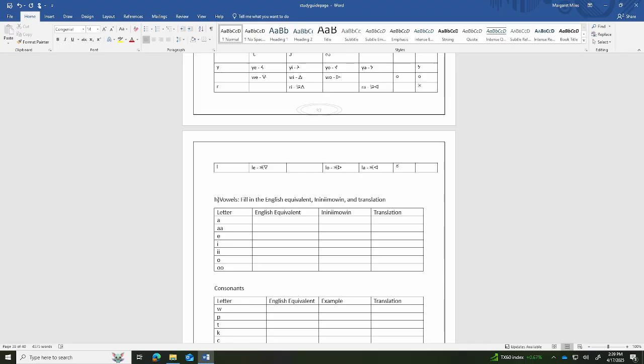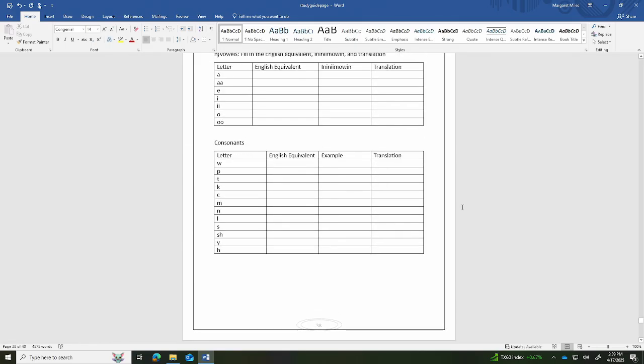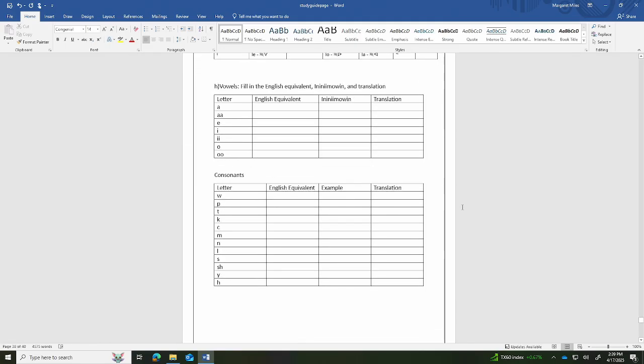Fill in the English equivalent in Nehiyawewin and the translation for each vowel. H is still the same, so the consonants, you will do the same. Fill in the English equivalent in Nehiyawewin and the translation for each consonant letter.